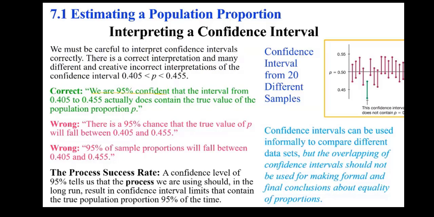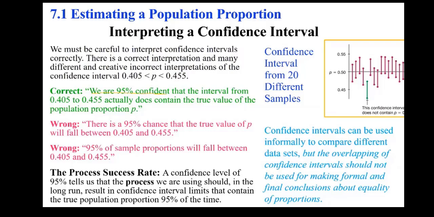According to the sample we collected, according to the calculation that we did, we are 95% confident that the interval, in this case from 0.405 to 0.455, actually does contain the true value of the population proportion. It's not the others that are written here. So get into the habit of memorizing this, and you'll be able to rewrite this.